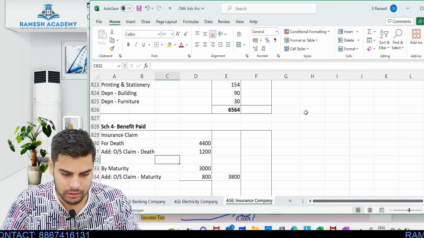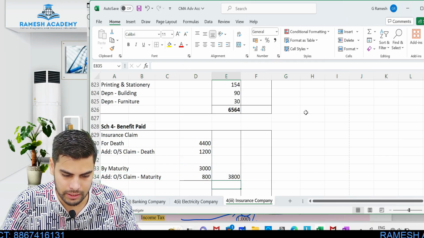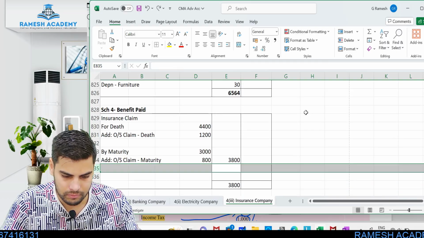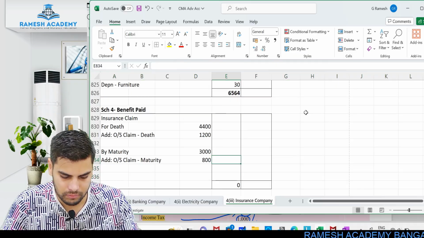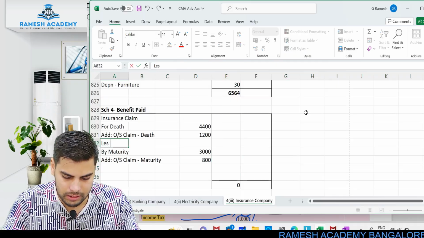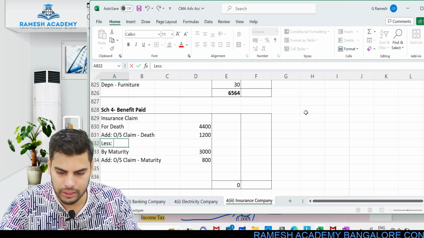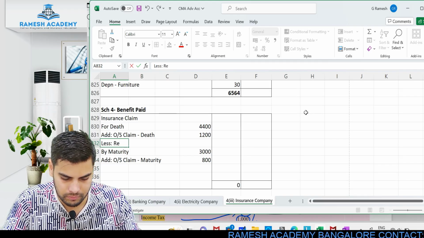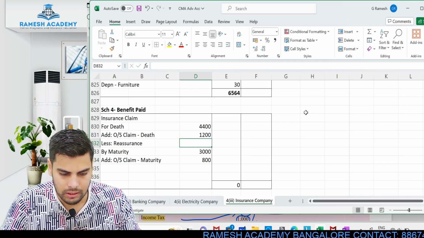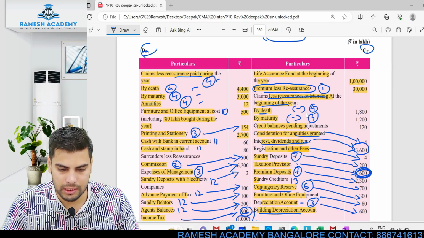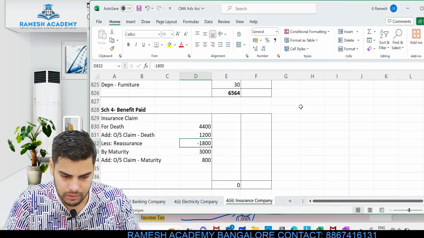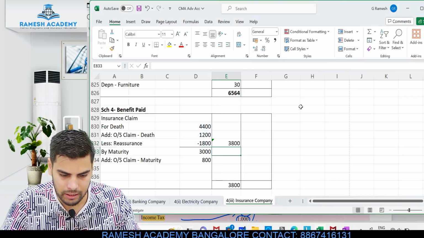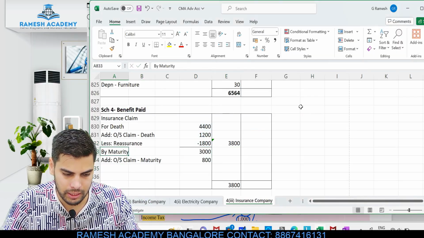Less reassurance, that is from the reinsurance. We need not pay this amount. This amount will be paid by them. So 1800. If you calculate the net amount, it would be 3800 over here.